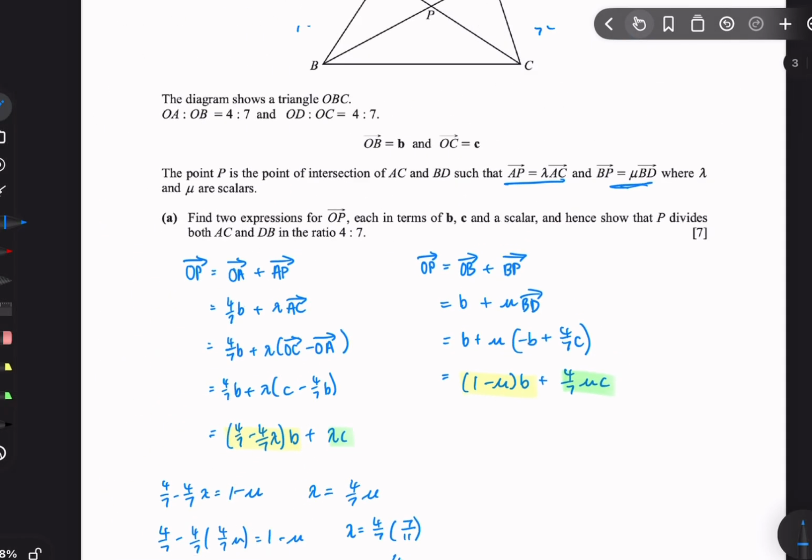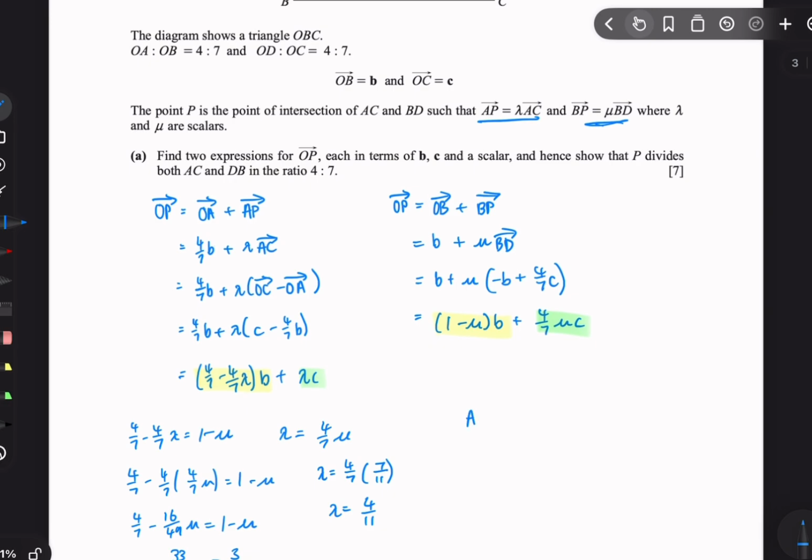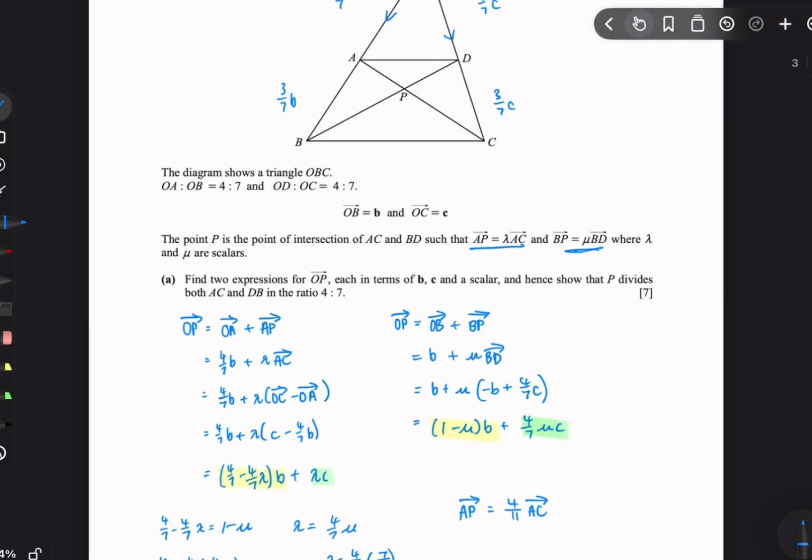So we need to show that P divides both AC and DB in the ratio 4 to 7. Now we know that AP is equal to 4 over 11 of AC. So that means AP is 4 and PC is 7 because 11 minus 4 is 7.